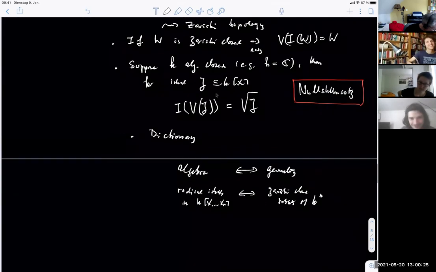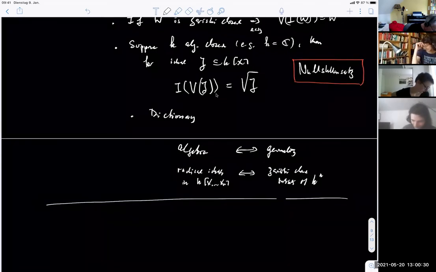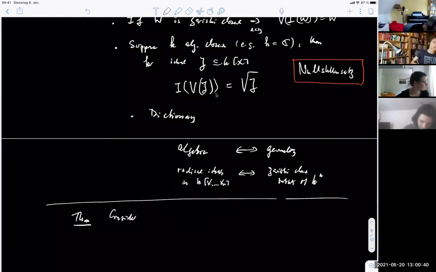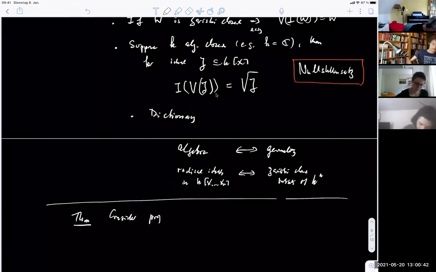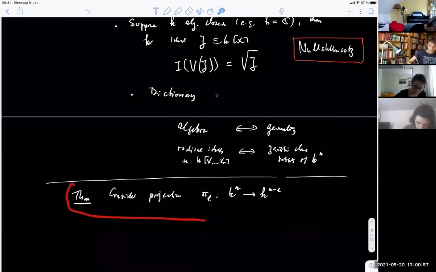Now the theorem. Of course, I cannot use the K anymore. But consider the projection pi_L from K^n to K^(n-L). I should say, I assume now the field is algebraically closed, otherwise everything will be wrong.